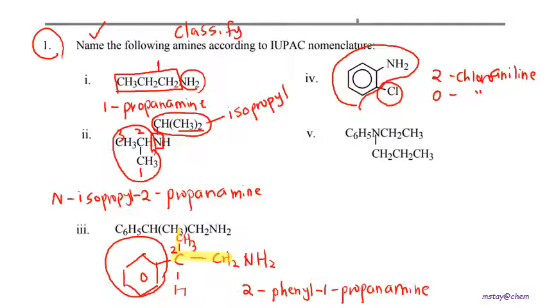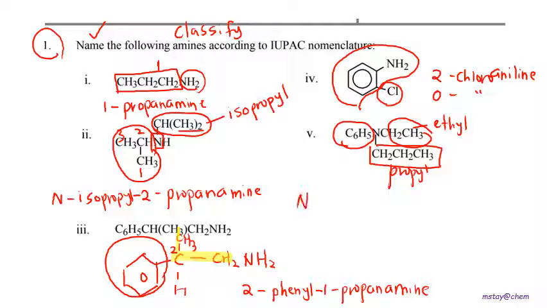The fifth one here is also aniline, and here we have propyl and also ethyl. For this one, E comes first, so it's N-ethyl, N-propyl aniline.